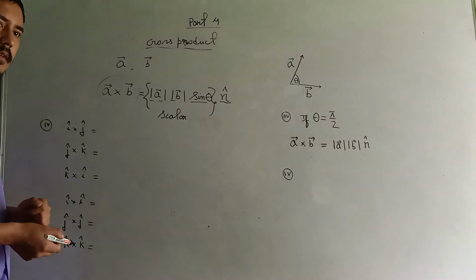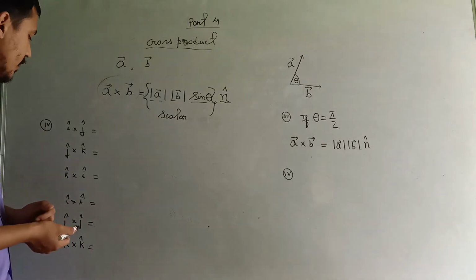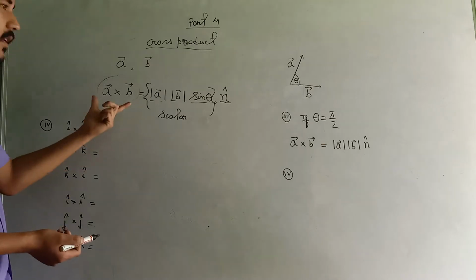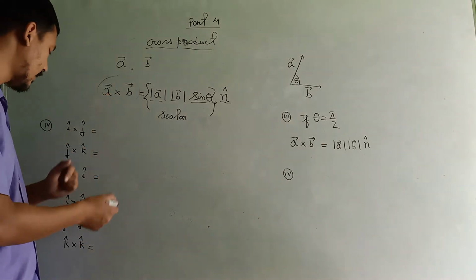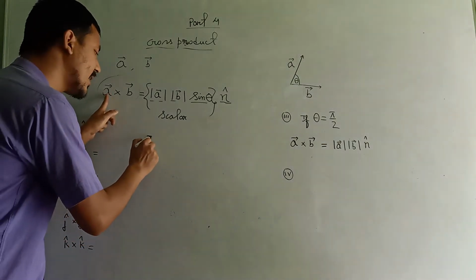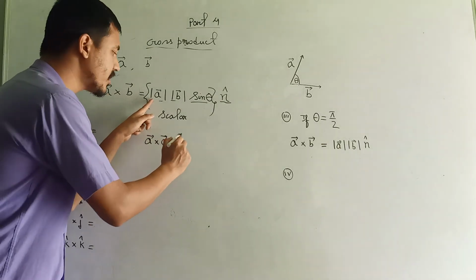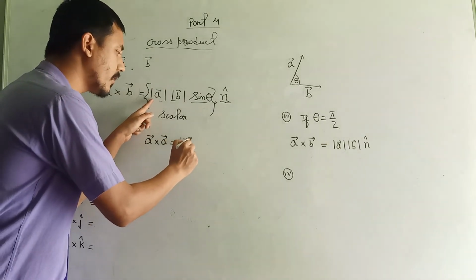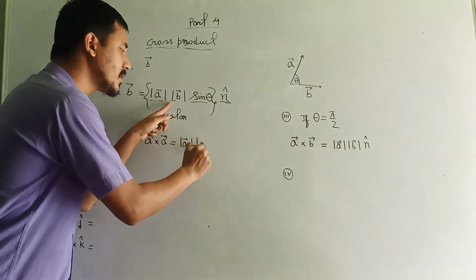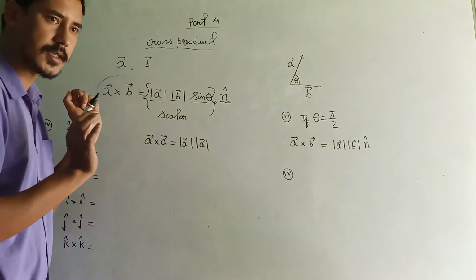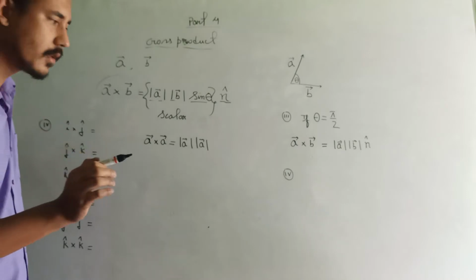i cross i means, okay, let us see the definition. Let's see what A cross A means. According to the definition, magnitude of A times magnitude of A, that is magnitude of A square, right?